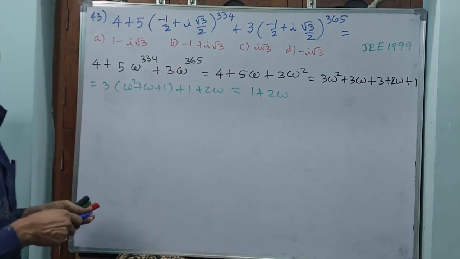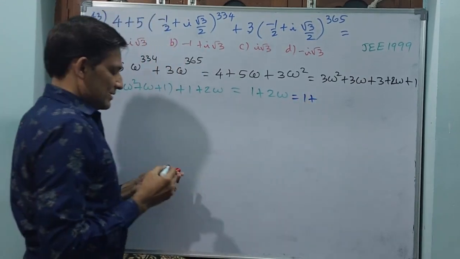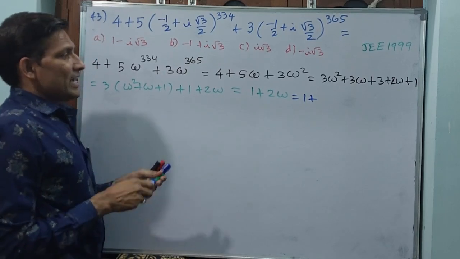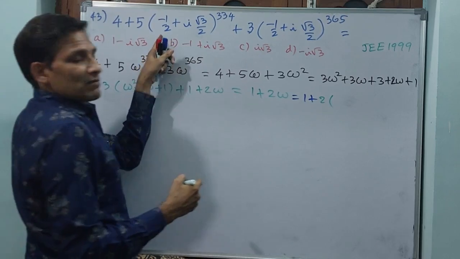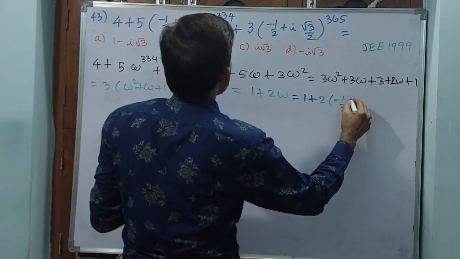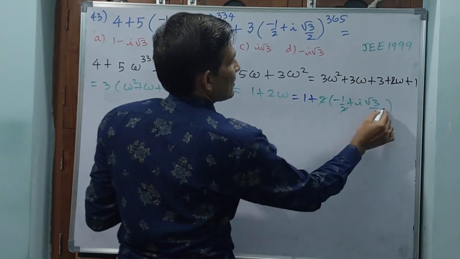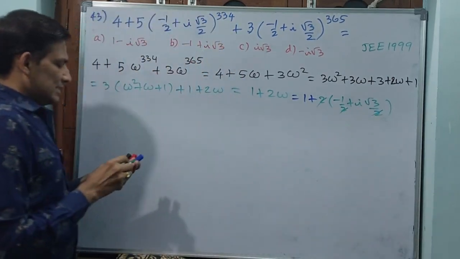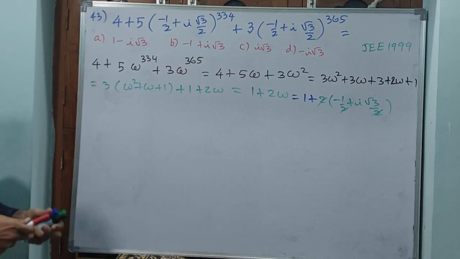This is the JEE question. You see what I am writing? 1 plus, again 2 into omega you write down, minus 1 by 2 plus I root 3 by 2. Okay? Understand the logic?